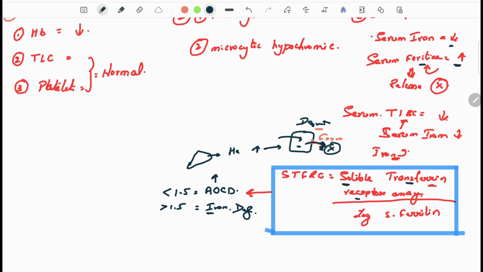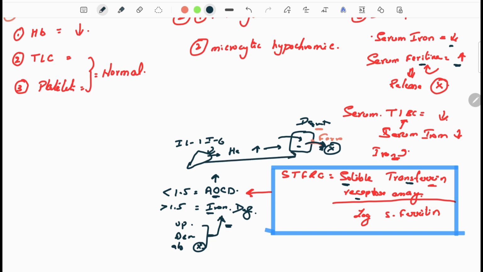In iron deficiency anemia, the intake may be low, or demand may increase, or absorption may be low. In these three conditions, iron is not entering into the body, whereas in anemia of chronic diseases, iron is entering into the body, but because of some cytokines like IL-1 and IL-6, the liver is getting affected and the pathway is getting affected.